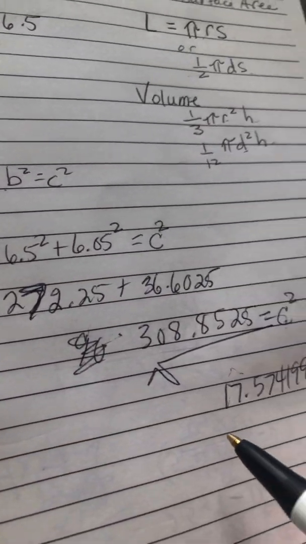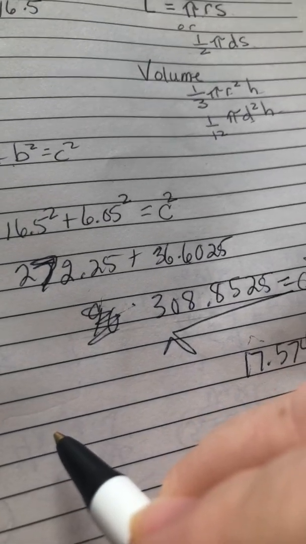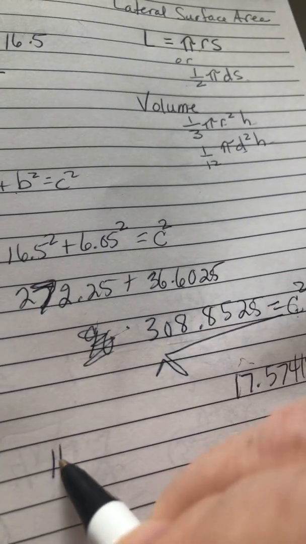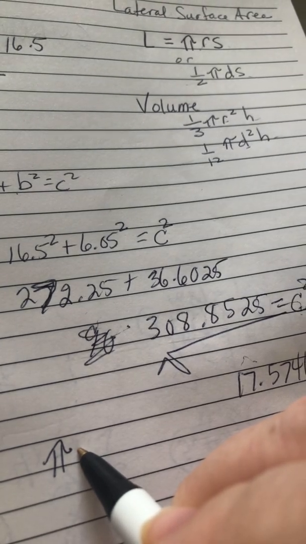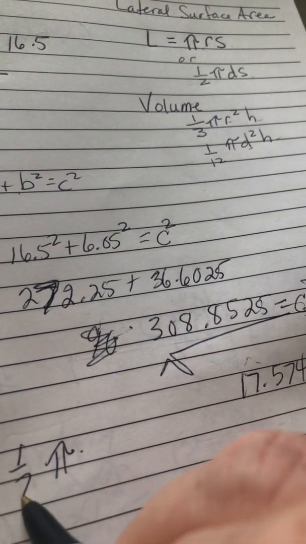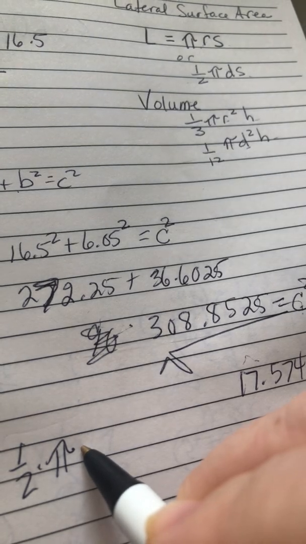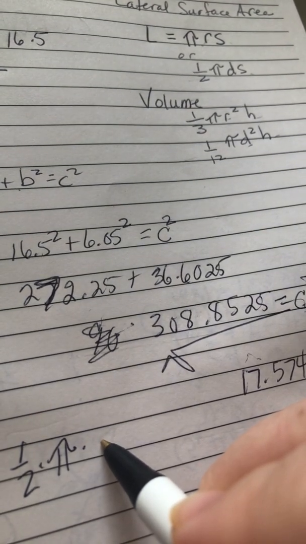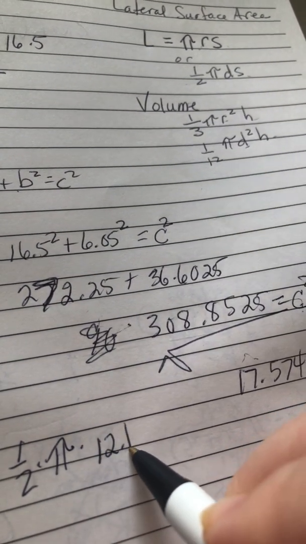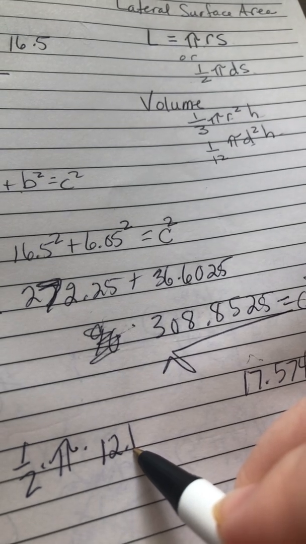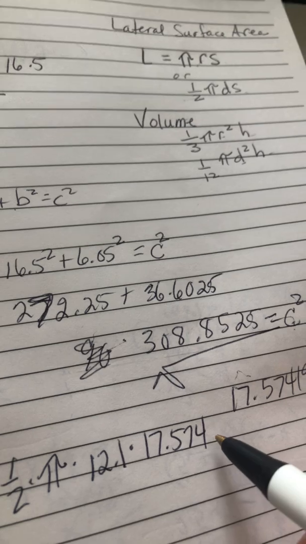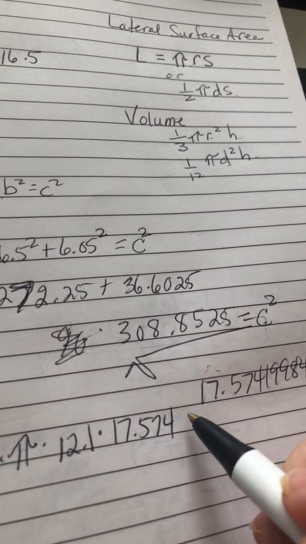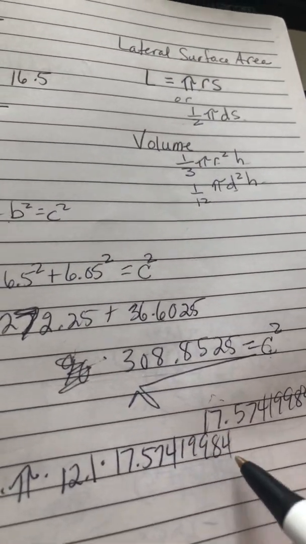So if we're going to do the lateral surface area, we need pi, and we have the diameter. So we're going to do half of pi times the diameter, which is 12.1 of the cone, times 17.574199984.